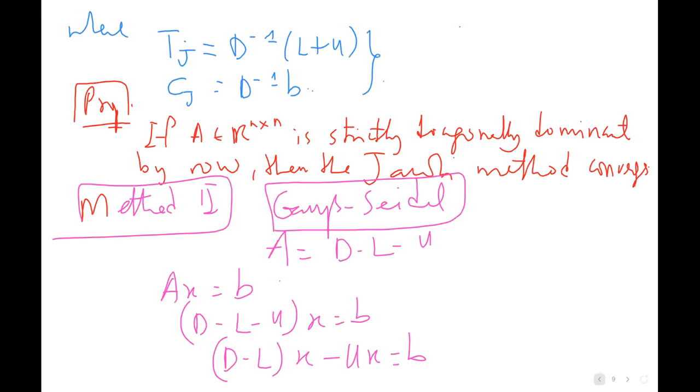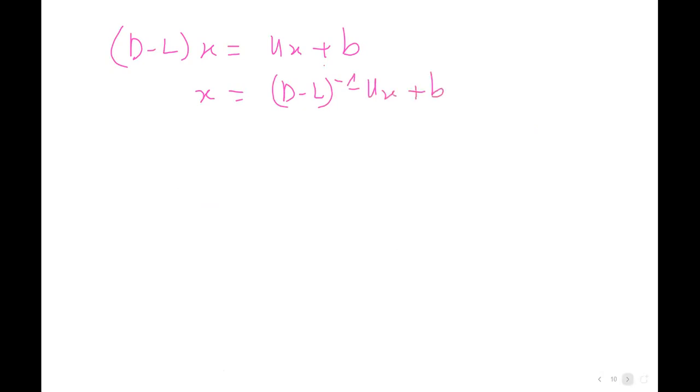Then in that case, we have (D minus L)x equals Ux plus b. And now we can write x^k equals (D minus L) inverse of U x^(k minus 1) plus (D minus L) inverse of b.